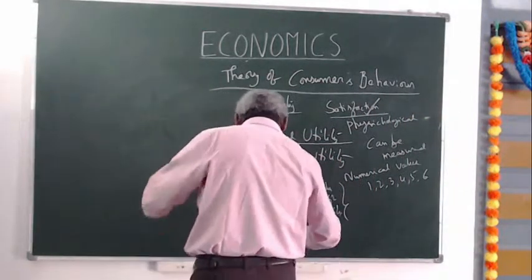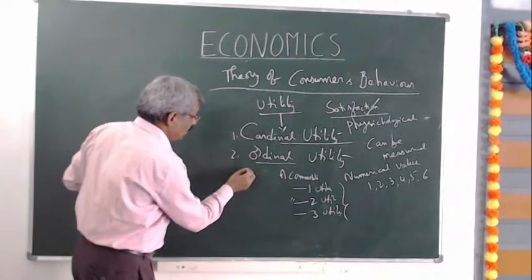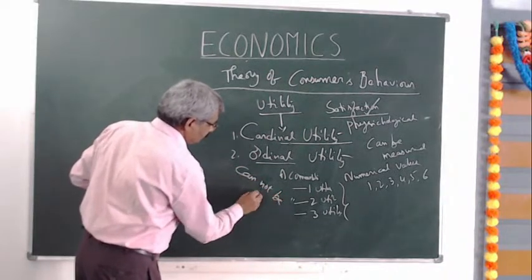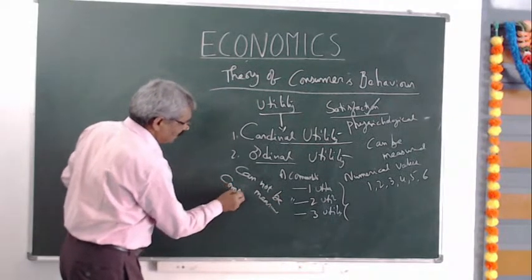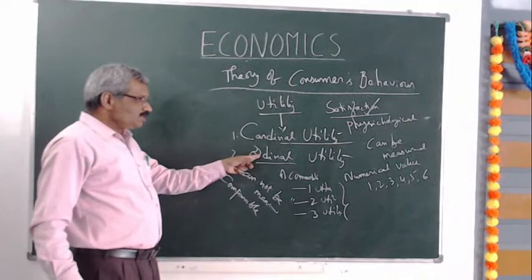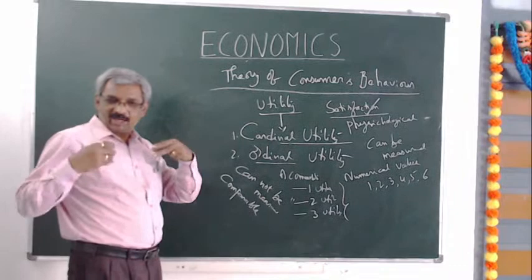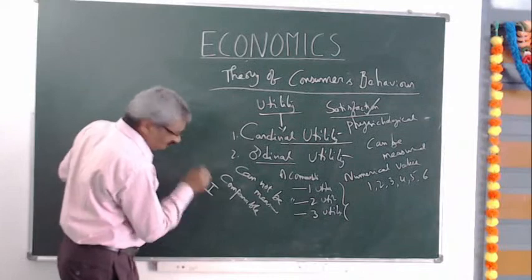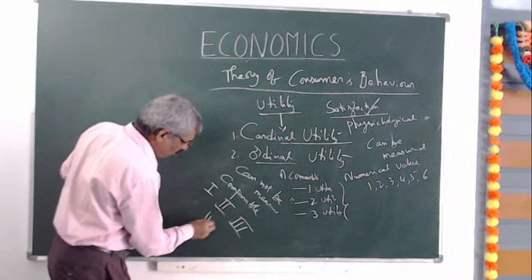But ordinal utility cannot be measured. This utility is only comparable. Suppose a consumer consumes oranges, and he can get utility of 1, 2, 3 or 4.